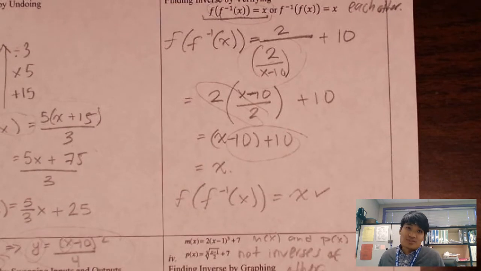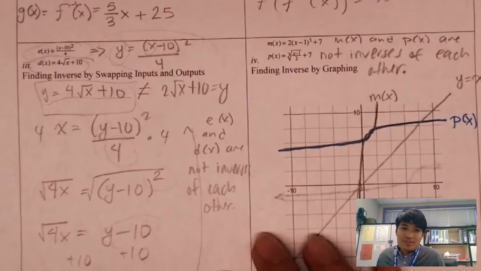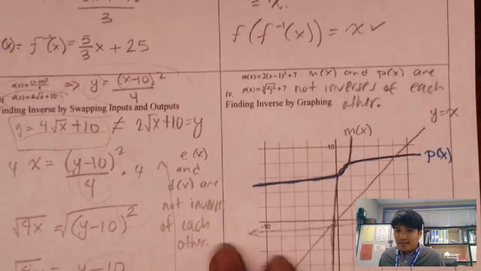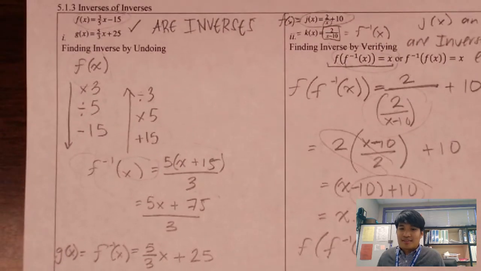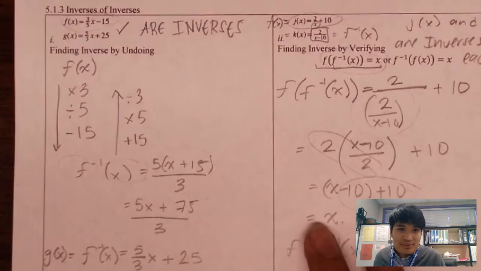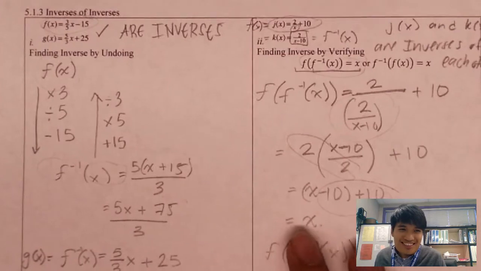Half of these are inverses, half of them are not. So please be careful when doing these. And that's about it for these examples.